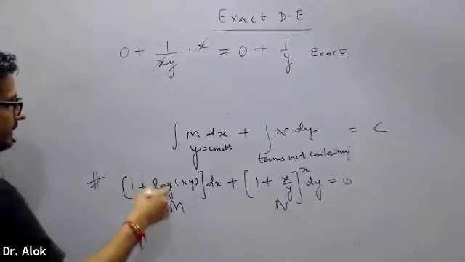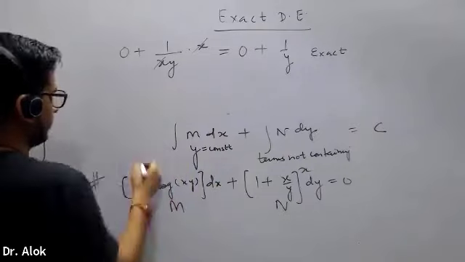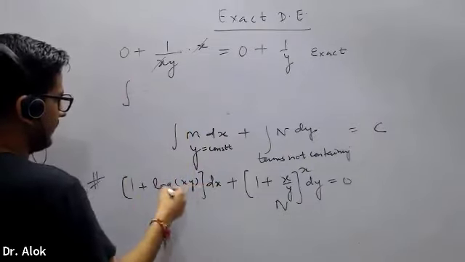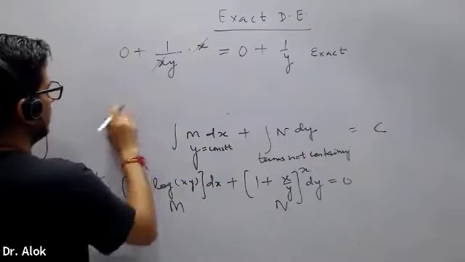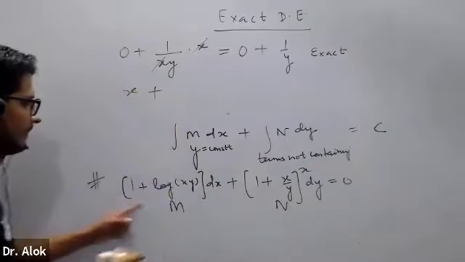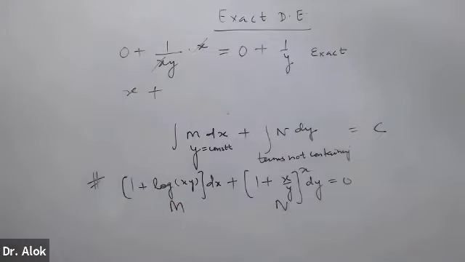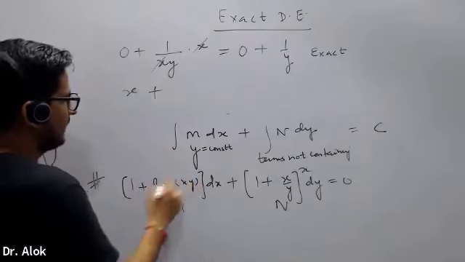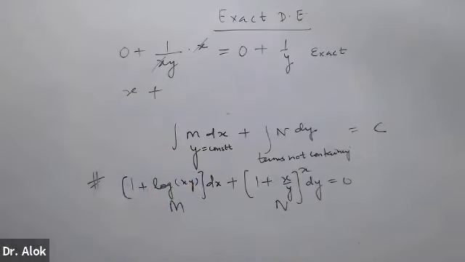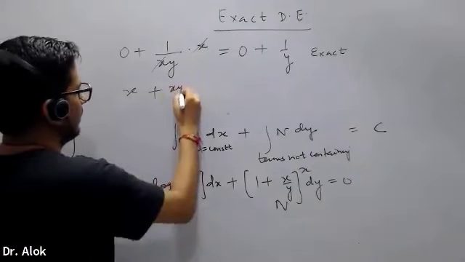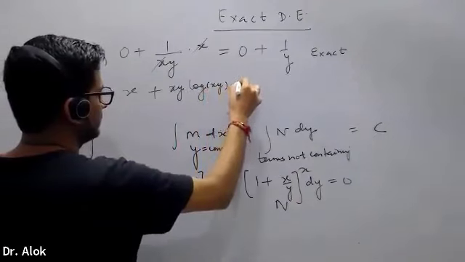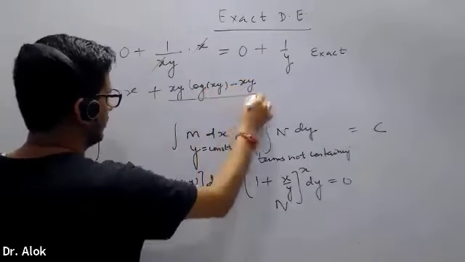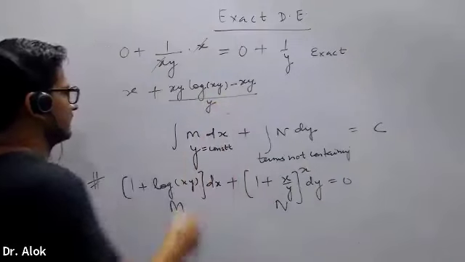So integration of M dx, keeping y constant, what will we get? x plus integration of log xy dx, keeping y constant. The integral of log x is x log x minus x, I remember this, with y constant.